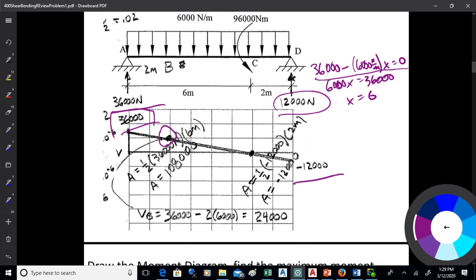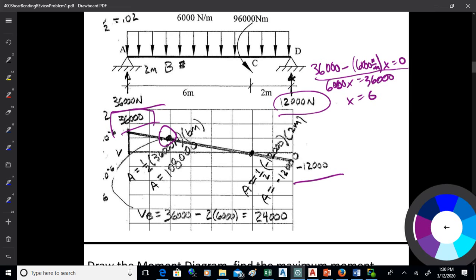You're 2 meters over, so that's a quick way to get the shear at B. So we good with 24,000 at B? We're at 36,000, dropping 6,000 per meter, going 2 meters over, so we're down to 24,000 by the time we get to B. So we're good with that?